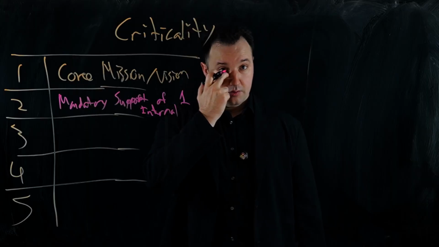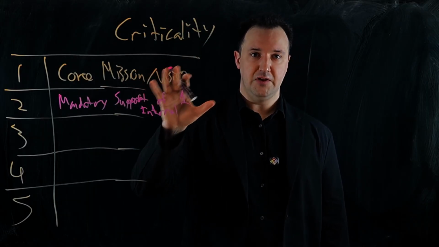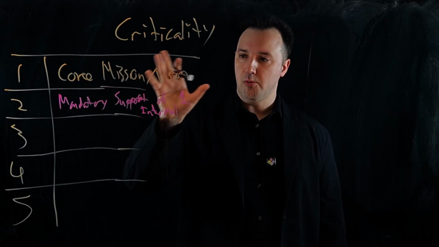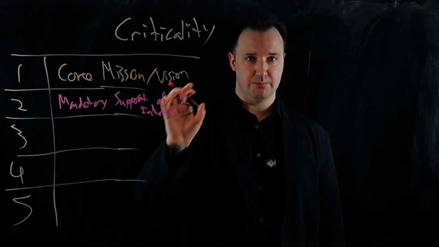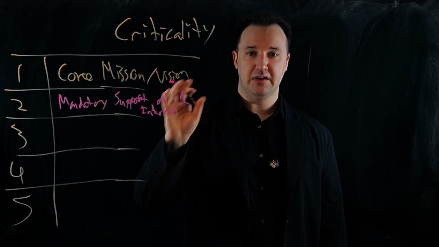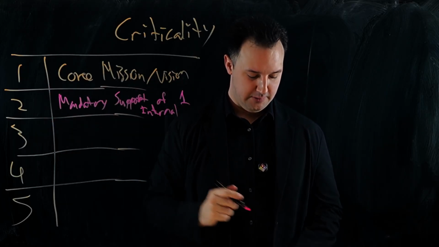There's stuff that you need in order to fulfill your core mission and vision that you are not going to outsource, that must be done internally. It's almost your core mission or vision, but not necessarily. If you lose it, there is a serious problem of impacting this, and you have to do it yourself because someone else doesn't know how to do it well enough. That's your number 2 stuff.